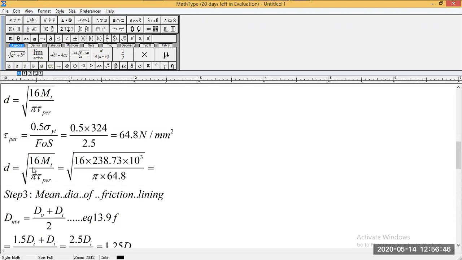It's a cube root. Sorry, small mistake here. This is a cube root. How do I input cube here? Is there any option to input cube? Okay, so there is no option here for inputting the cube root.